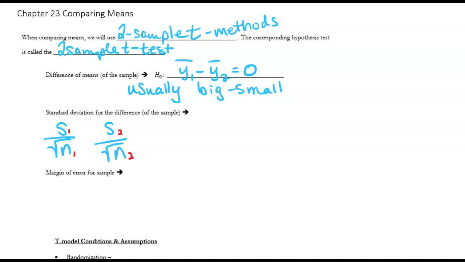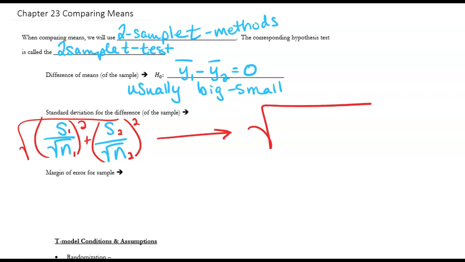So remember when we dealt with means before, we had to square them, add them, and take the square root. Essentially what we end up having is the square root of the standard deviation from the first sample squared over n, because squaring a square root cancels off, plus the same thing on the other one, but dealing with the other sample.